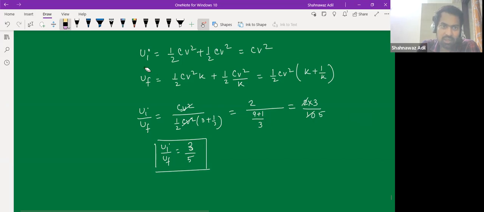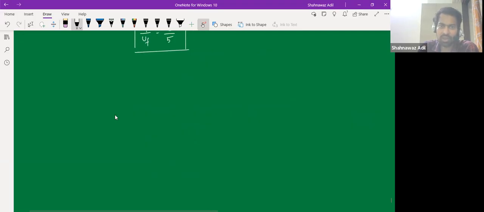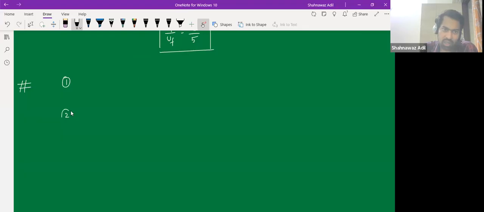Okay, the next topic is combination of capacitors. But before we do that, we should remember two important things. In series, charges are same and voltages are different.